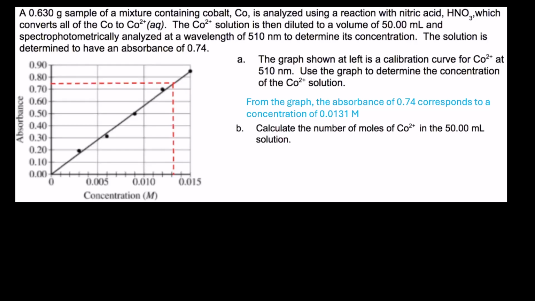All we have to do is move the decimal place over 3 times, so 50 milliliters becomes 0.05 liters. Molarity is moles of solute divided by liters of solution. We don't have it in liters, so that's something we have to convert.